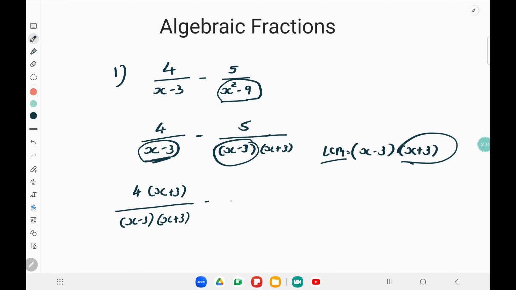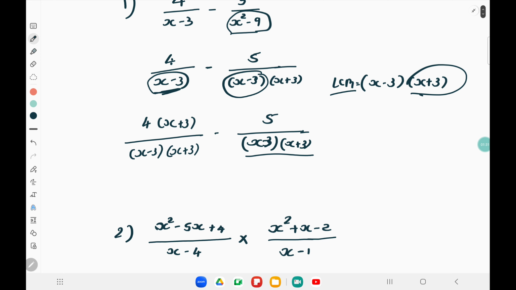Then take away 5 over (x minus 3)(x plus 3); it has both brackets already, so we write it as it is. And the top number we are not multiplying with anything. Okay, let's do it. First we expand the bracket.